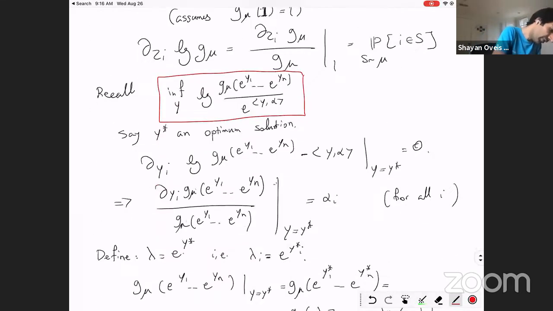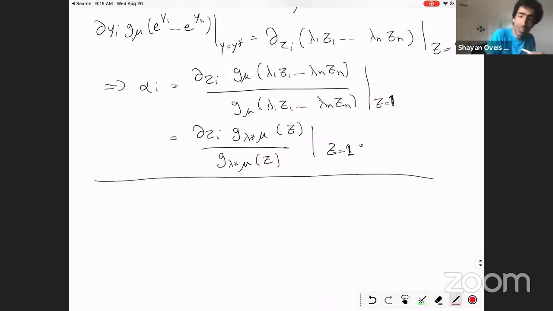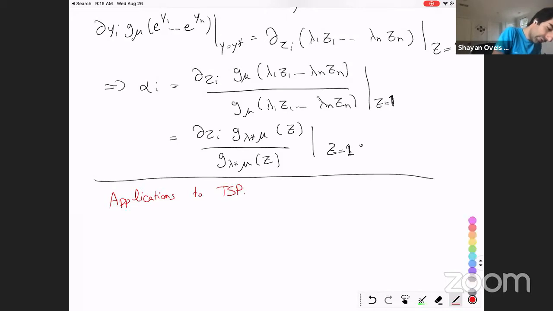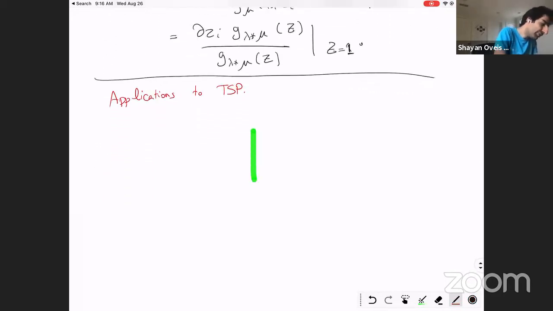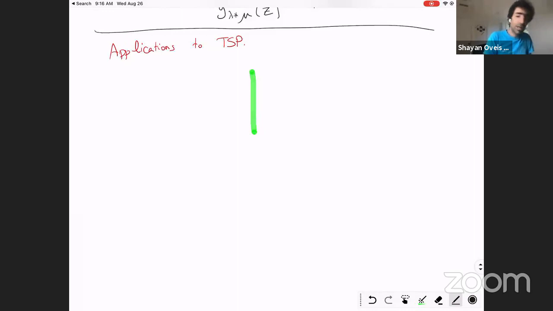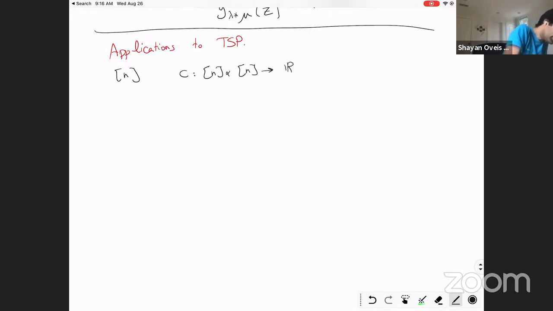Good. So now the last thing I want to say in this lecture is applications to TSP. If you're not familiar with the traveling salesman problem, you have a list of n cities and their pairwise distances, let's call it C. C is from n times n to non-negative reals.